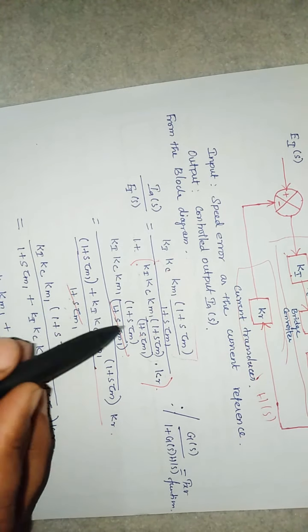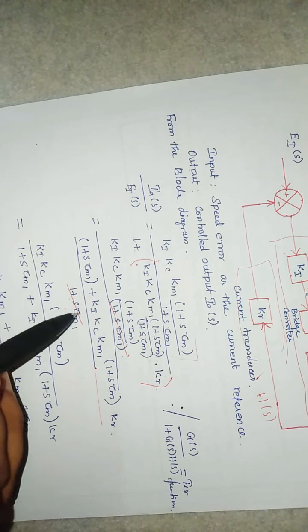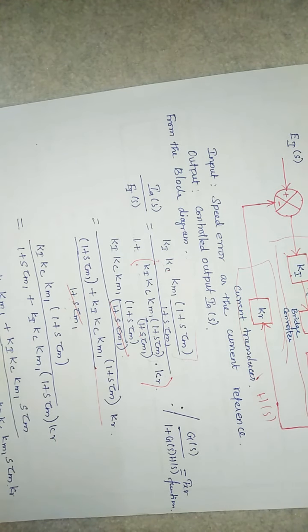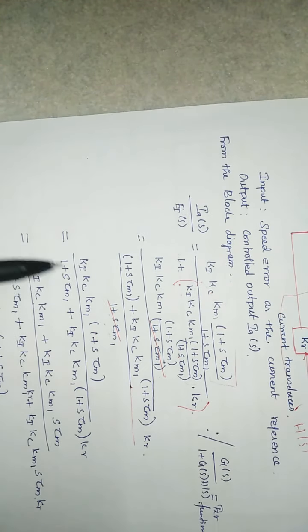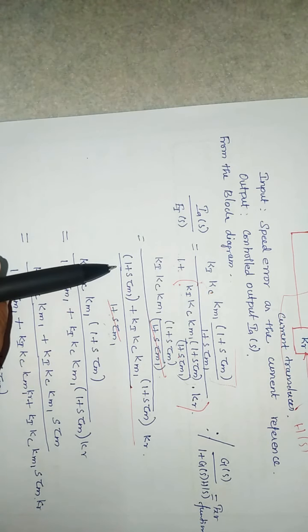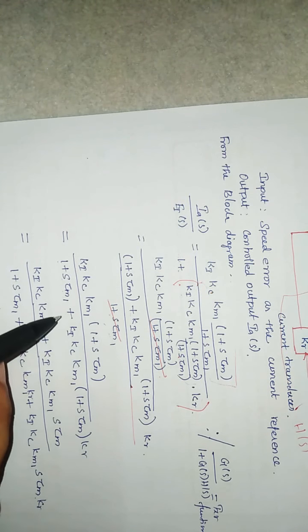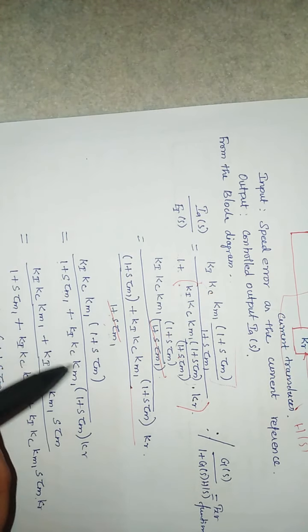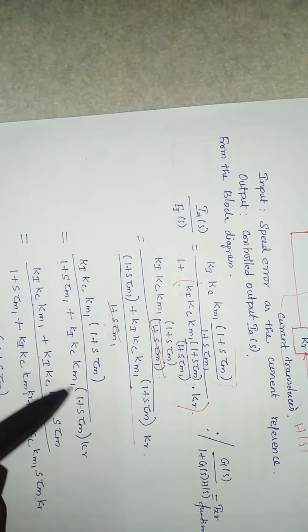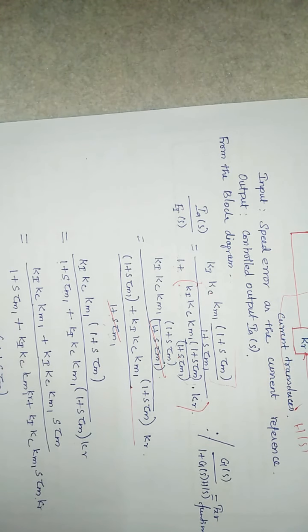Now compare the numerator and denominator. There is a common term, so we can cancel it. The remaining term is Ki Kc Km1 into (1 plus s tau m), the whole divided by the denominator term 1 plus s tau m plus Ki Kc Km1 (1 plus s tau m) into Kr.